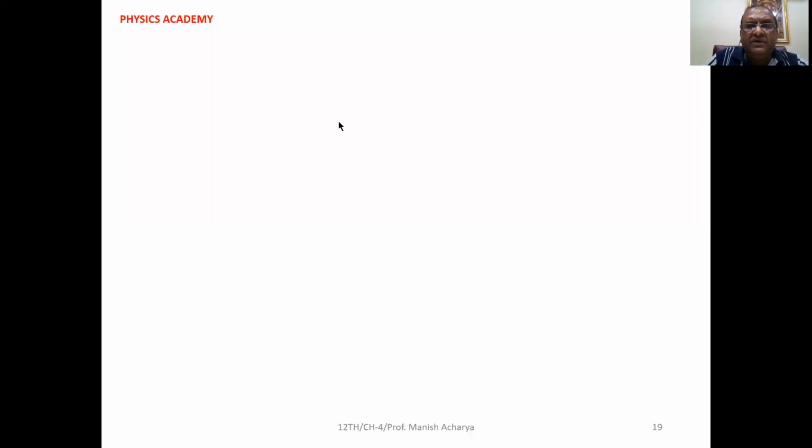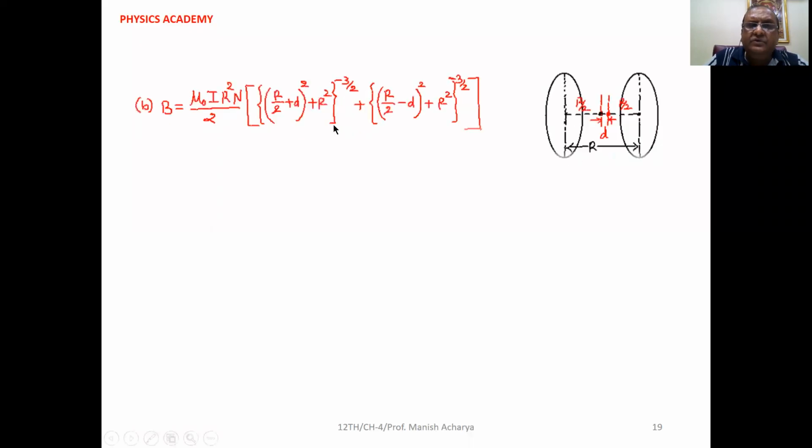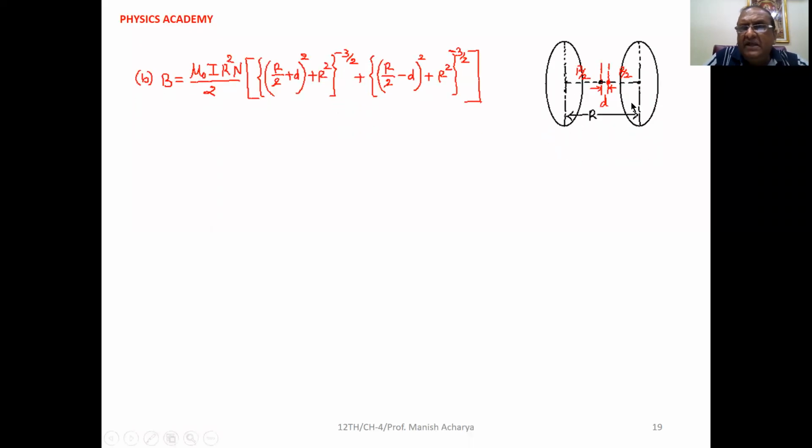Now question number B. Here we have two coaxial coils having radius equal to r, number of turns in each n, and these two are separated by distance r.